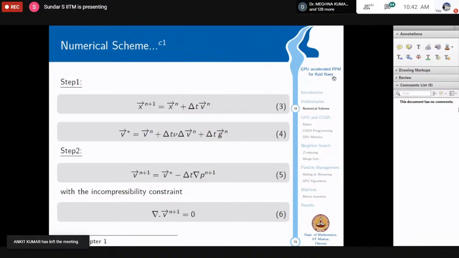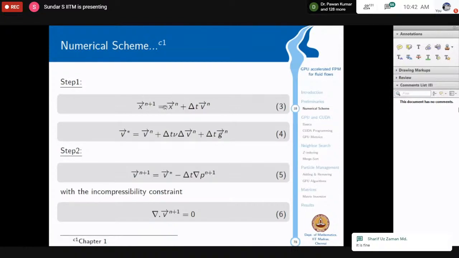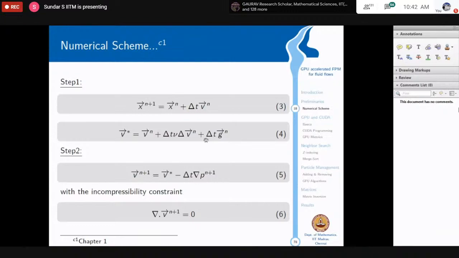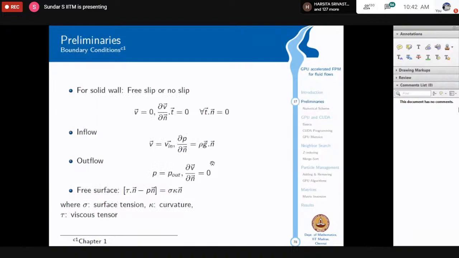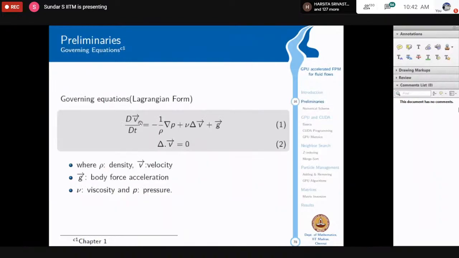Now, since it is a Lagrangian formulation, the first equation is dx by dt equal to V, so x at n plus 1 equals x at n plus delta t into V at n. Since I need the gradient of P at the same time in order to update my velocity, I am introducing an artificial velocity V star.